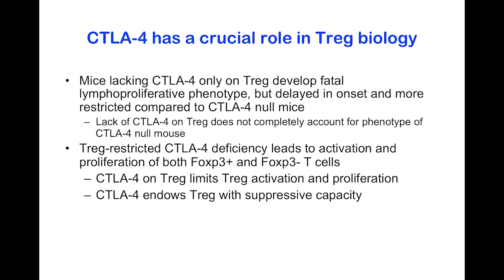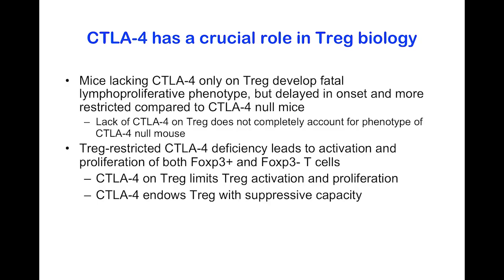We know from studies in mouse models that CTLA-4 has a crucial role in regulatory T cell biology. If we knock out CTLA-4 only on regulatory T cells, these mice still will develop a fatal lymphoproliferative phenotype, but it's a bit delayed compared to the global deficiency of CTLA-4.